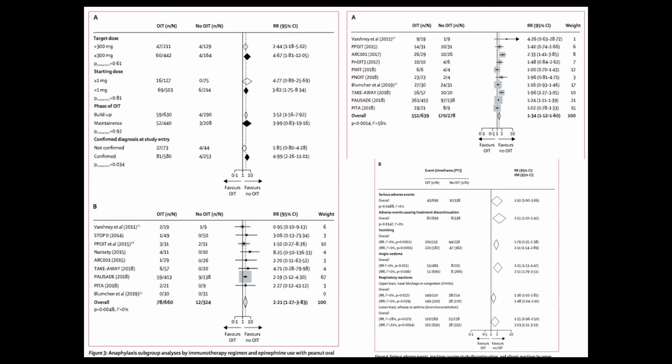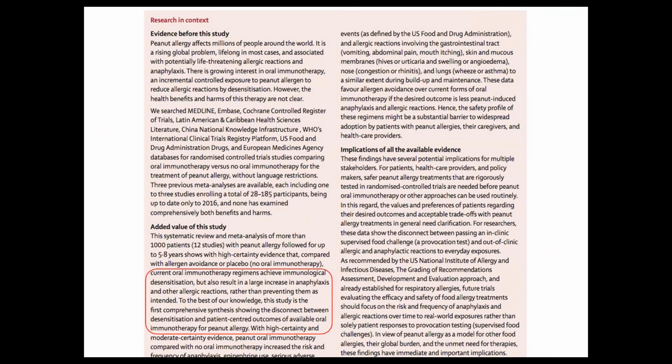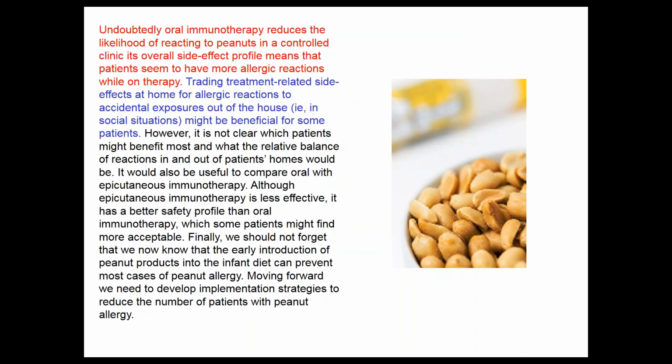If you're interested in this topic, I would suggest that you read this on your own, but the authors conclude that current oral immunotherapy regimens may achieve immunological desensitization, but they also result in a large increase in anaphylactic and other allergic reactions, which probably do not support the idea that these strategies should be generally applied.